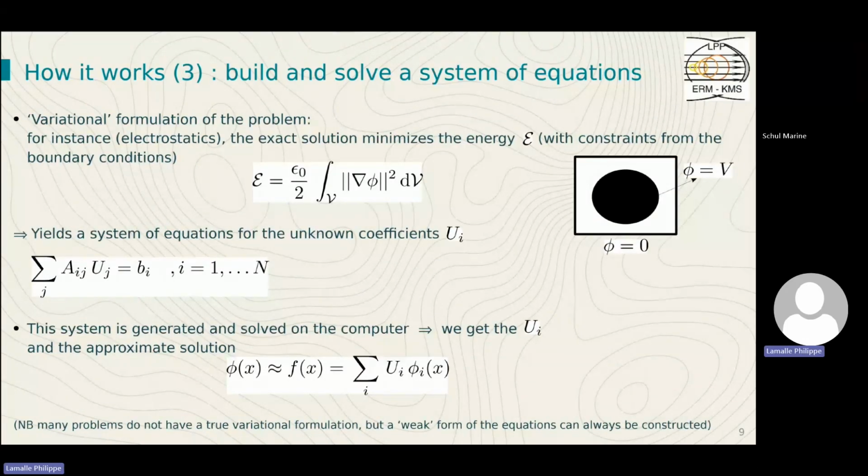The first step of the method then is to build and solve a system of equations from the unknown coefficients which multiply my basis functions. And basically this is built by the computer. It builds a large system of linear equations for the case of a linear equation. This system is solved on the computer, and then you get your approximate solution.